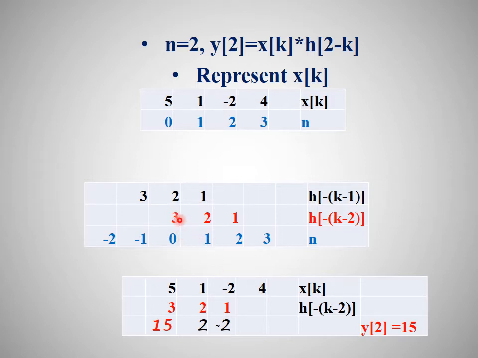Similarly, h of minus k minus 2 at n equal to 0 is 3, at n equal to 1 it is 2, and at n equal to 2 it is 1. So, our answer will be 5 into 3 is 15, 1 into 2 is 2, and minus 2 into 1 is minus 2. When we sum up all these, these two get cancelled, and hence our final answer is y of 2 is equal to 15.